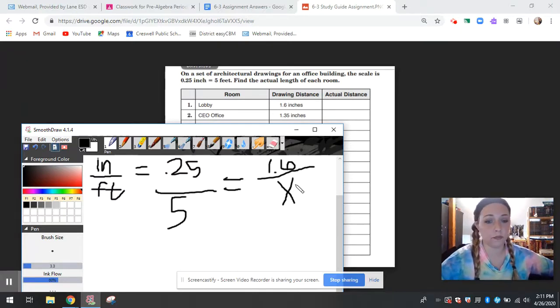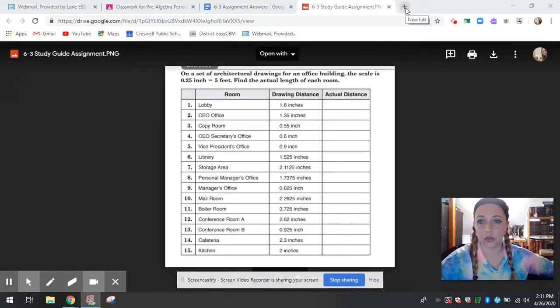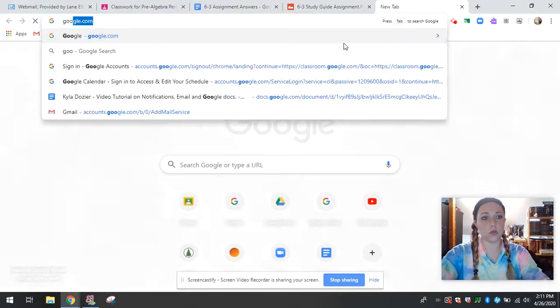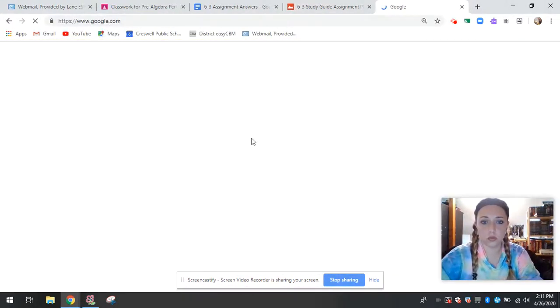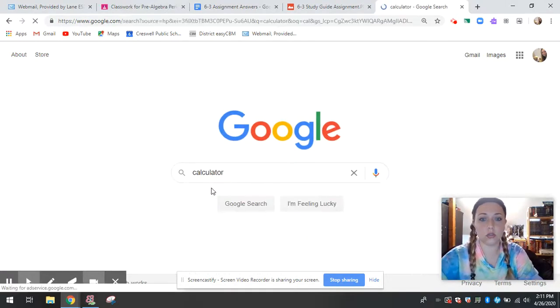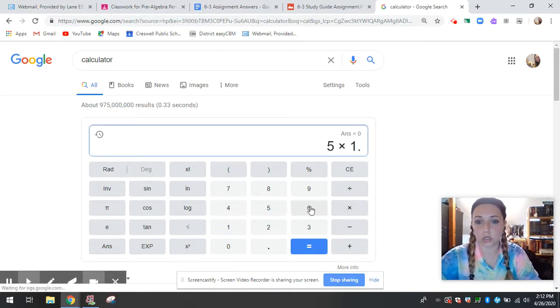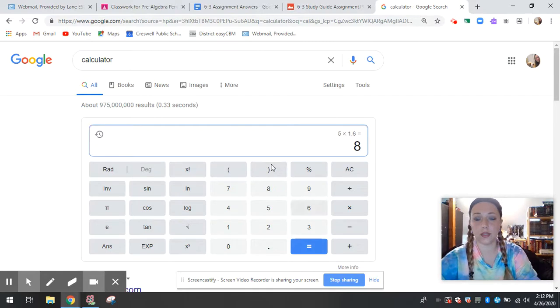So my first step is going to be to cross multiply. So I multiply across 5 times 1.6. And if you don't know how to do that in your head, you can just Google, get a calculator, plug it in. 5 times 1.6 equals 8.